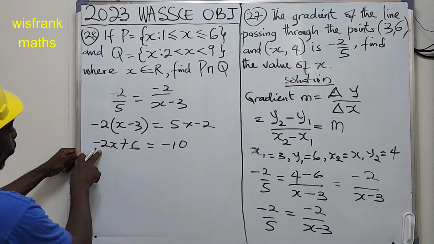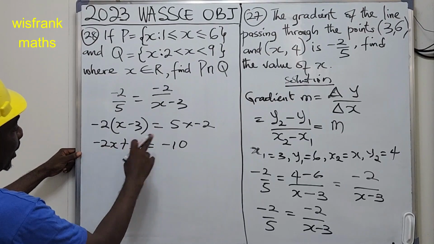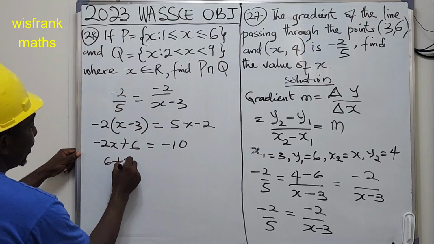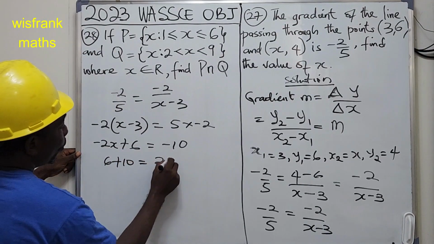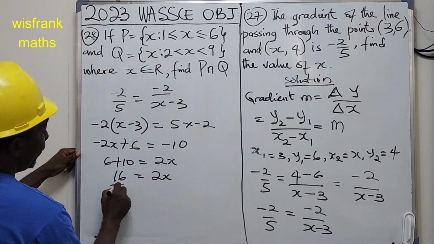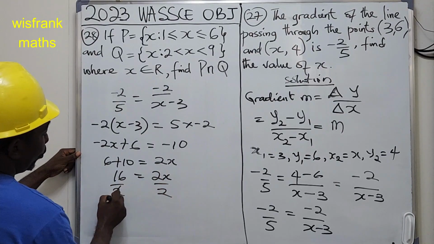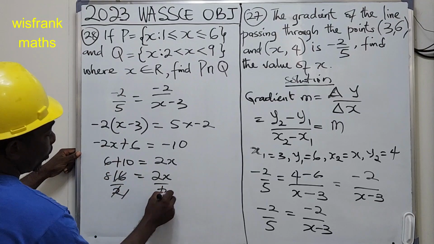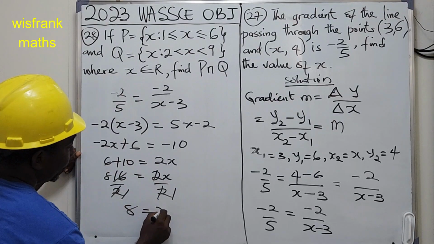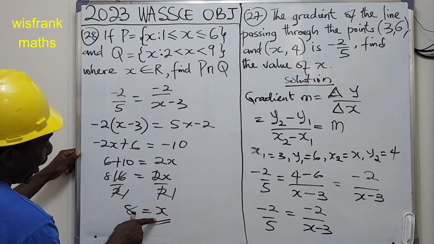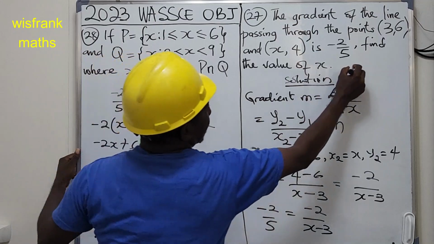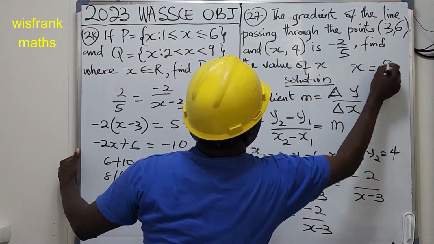Now minus 2x moves over to this side and the 10 moves to the other side, and we have 6 plus 10 equals 2x. This is 16 equals 2x. We divide all through by 2, so the 2s cancel, and we have 8 equals x. So our value of x, as asked, equals 8.